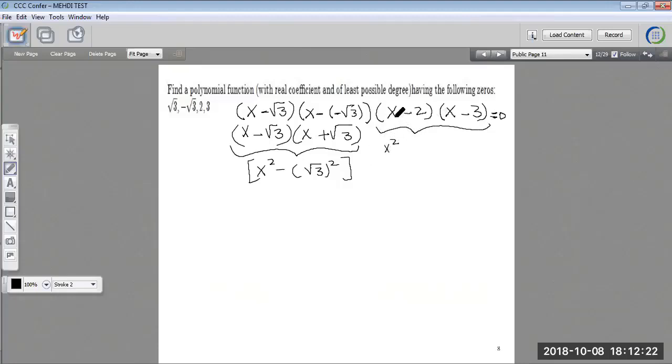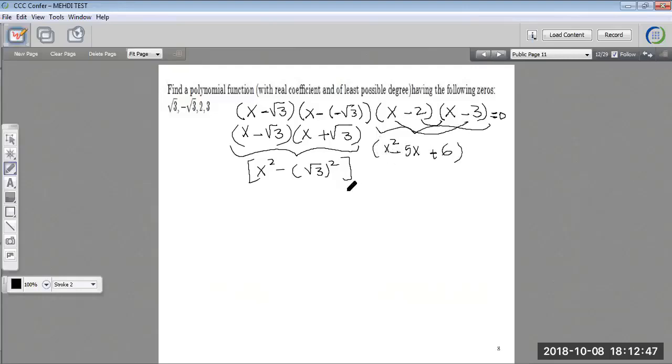Last term, negative 2 times negative 3 gives me plus 6. Now if I multiply the inner and outer terms, I would get negative 2x and negative 3x, which gives me a total of negative 5x.